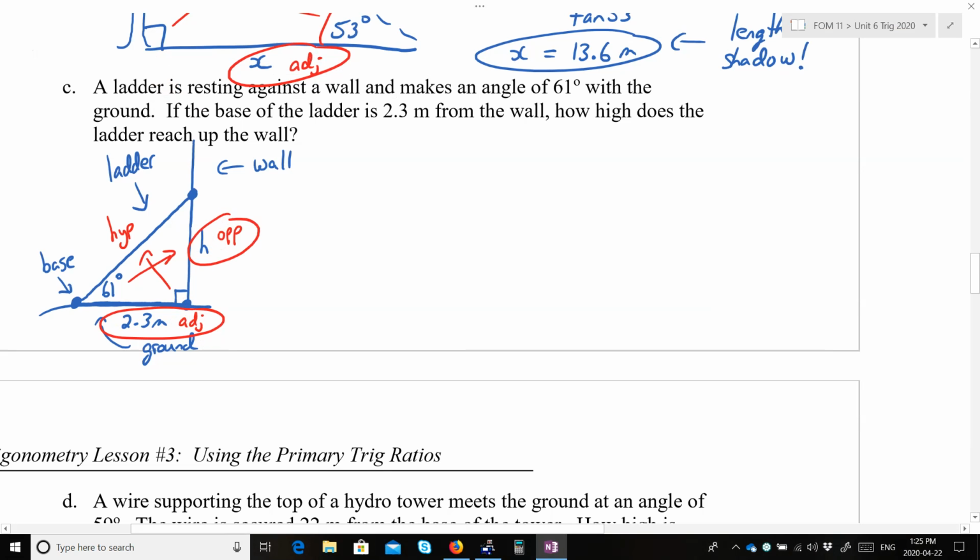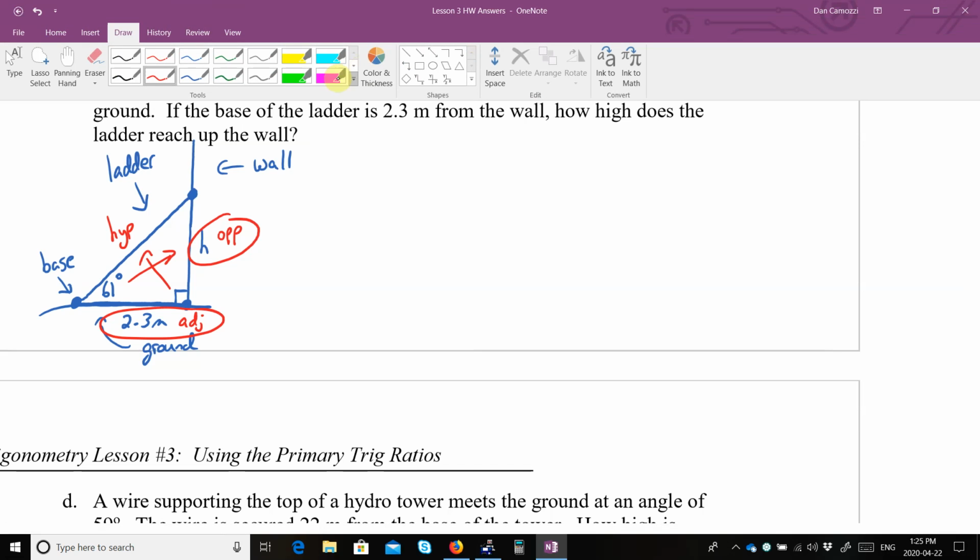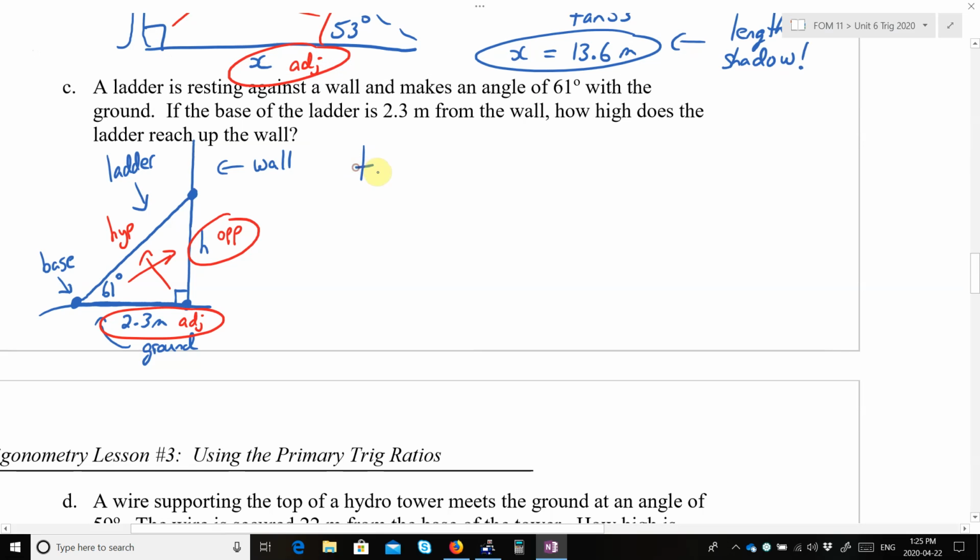So O and A, and that comes from TOA, so it will be tan again. So we go tan of 61 degrees is equal to opposite side H divided by 2.3, the adjacent side.